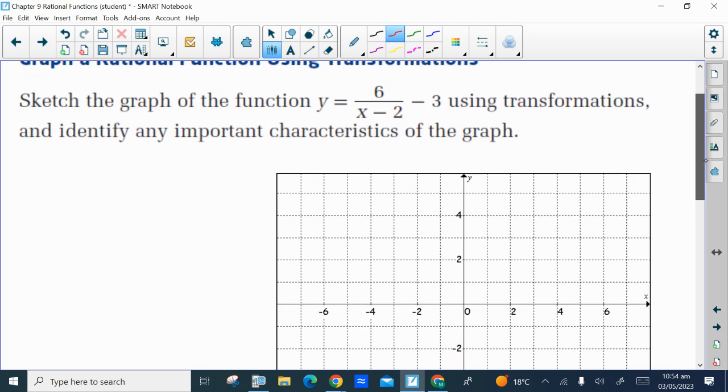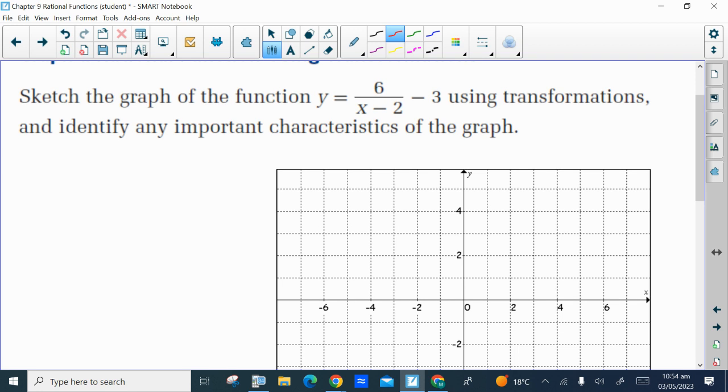So this next one still has an A value of 6, so it's going to be vertically stretched about the x-axis by 6 like the last one, but it's also going to be shifted, right? So this equation follows this format. Remember, the h is hooked directly onto the x with a plus or a minus.